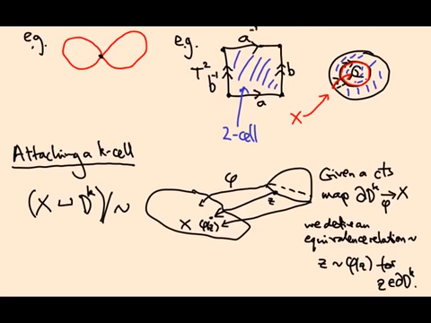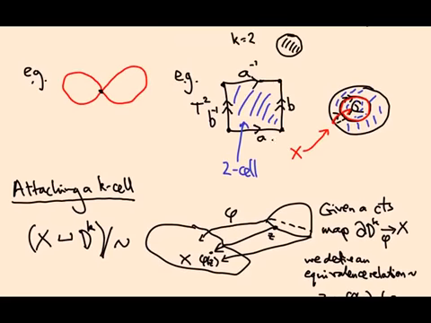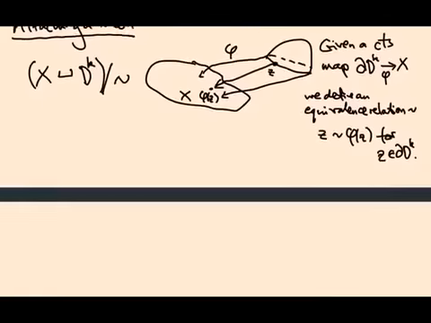So for example, just looking at this example of the torus, let's suppose I took the figure 8 and I attached a 2-cell instead using the constant map. So here's my 2-cell. Let's suppose I just attach all of the points in the boundary to this cross point of the figure 8.